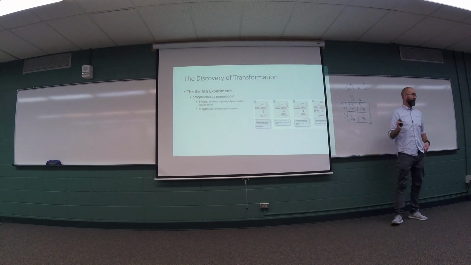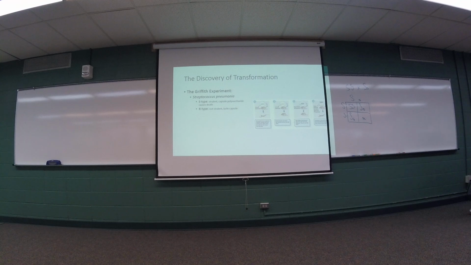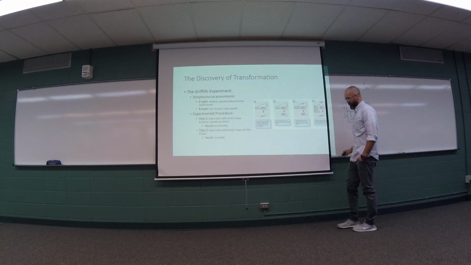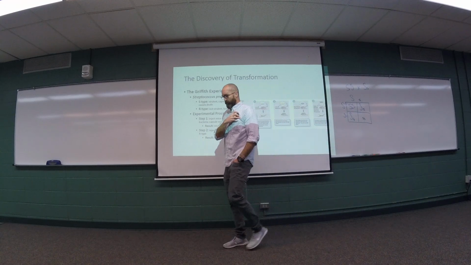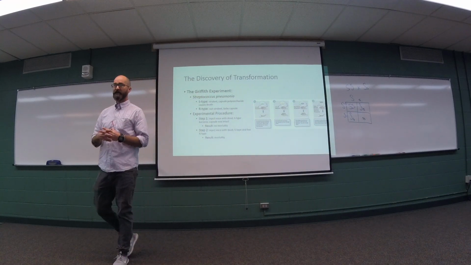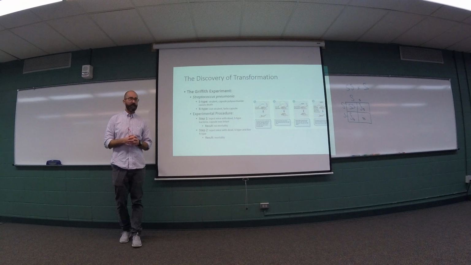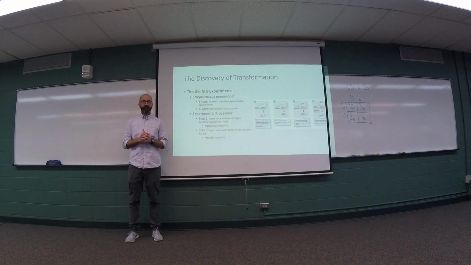So what the Griffith research group did was they looked at different combinations of living and dead Streptococcus strains. First of all, they took some S-type Streptococcus and they completely killed it.